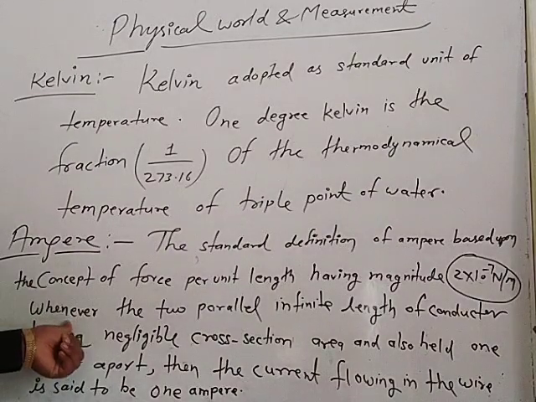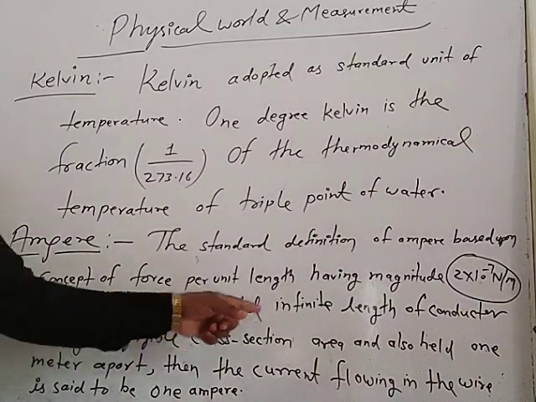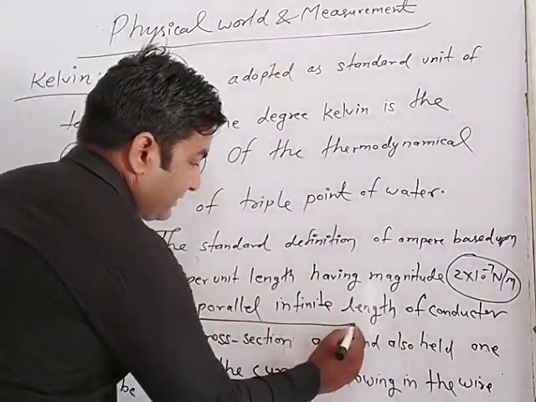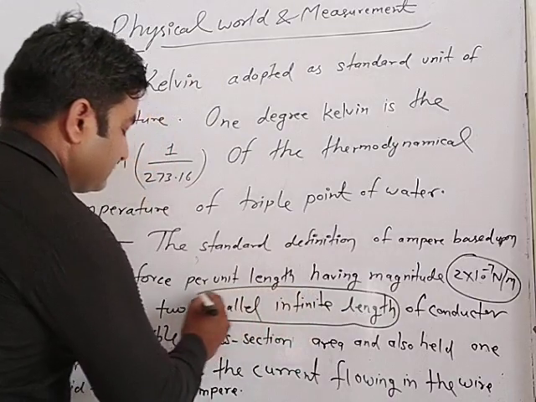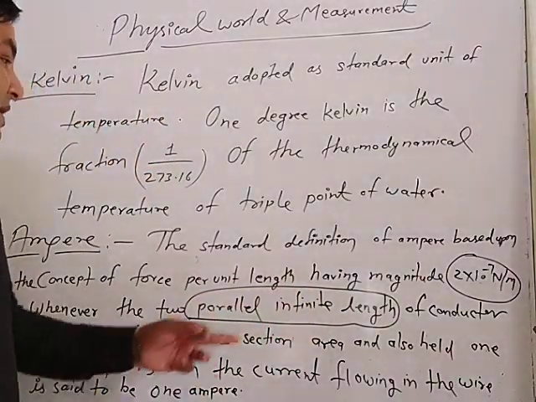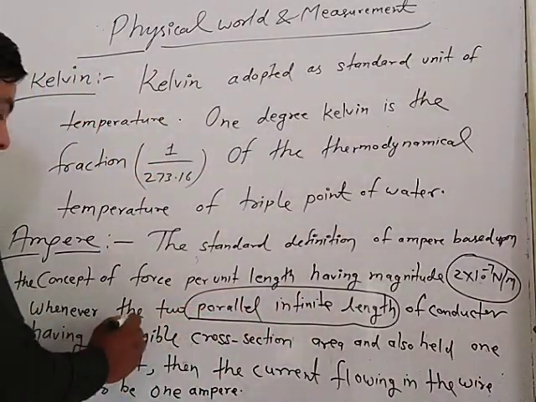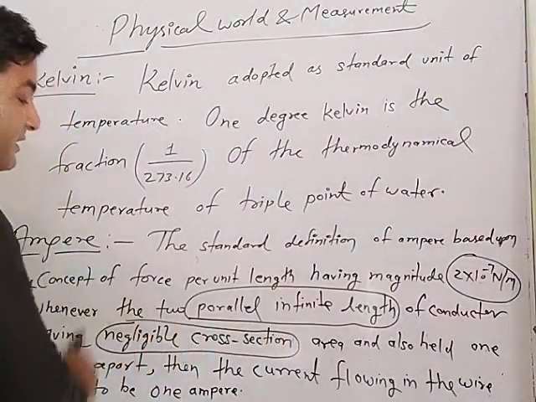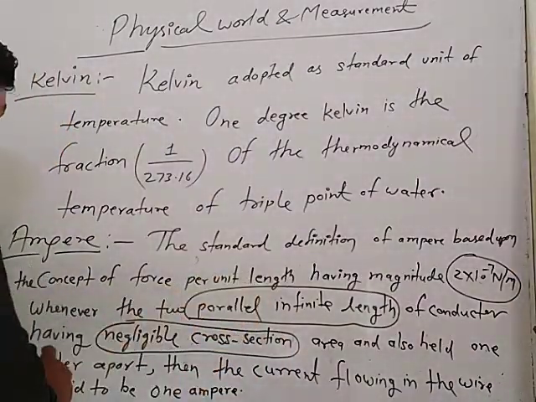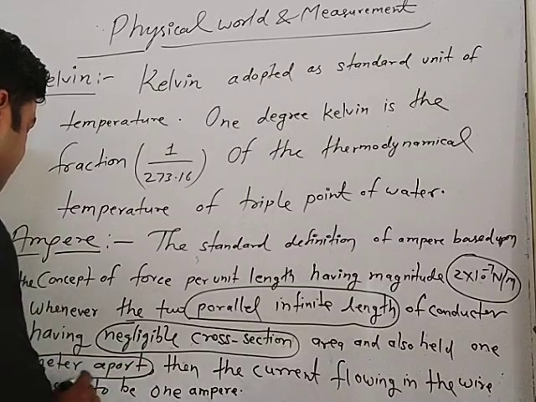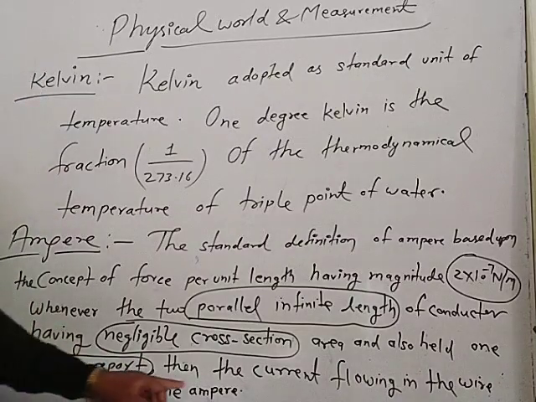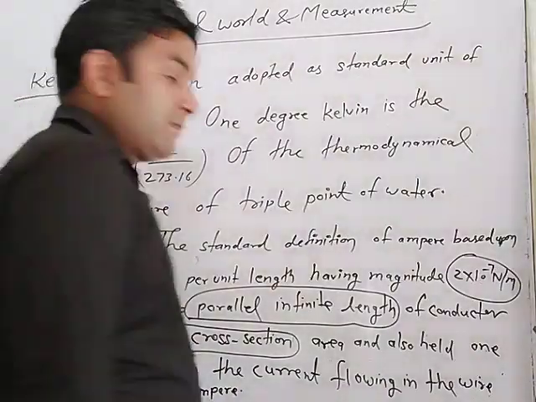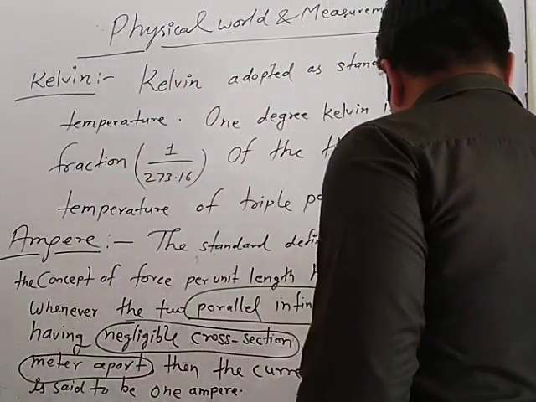Whenever the two parallel infinite length, here parallel infinite length is a very important term, of conductor having negligible cross section area, and also held 1 meter apart, then the current flowing in the wire is said to be 1 ampere.